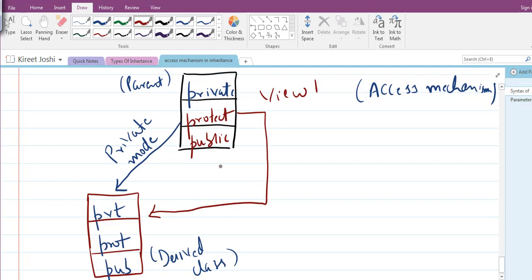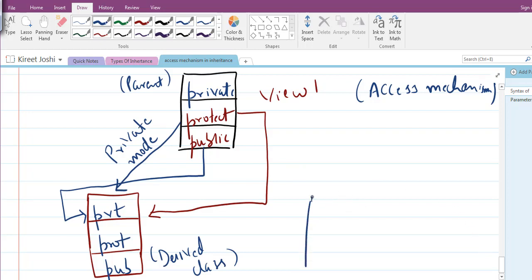It means the derived class will see the protected members of its existing class as private members in itself. And the public members of the base class will also become the private members of the derived class when the mode of inheritance is private. So this you have to remember.